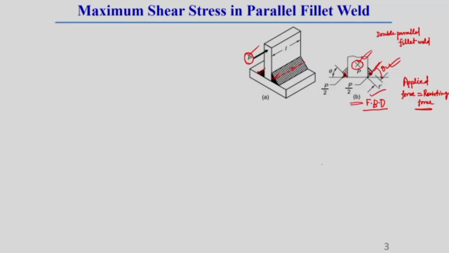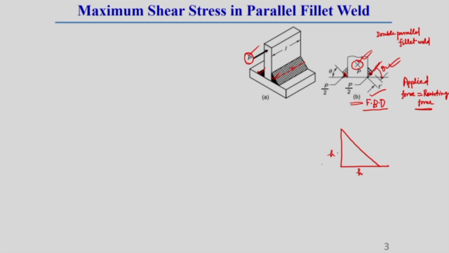Now, we are going to find out the direction theta where the maximum stress is acting. For finding this, I am drawing the fillet. We know this fillet has equal leg lengths. So this is AIS, this is also AIS.